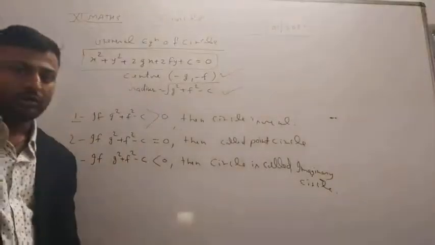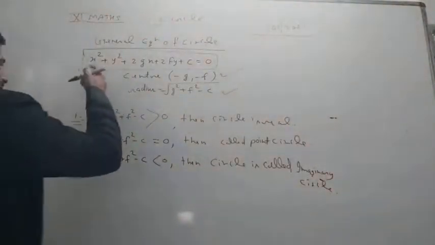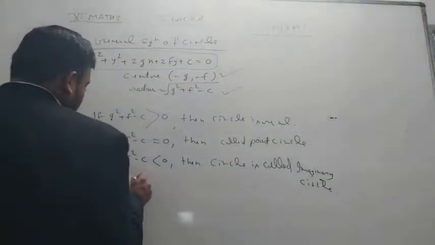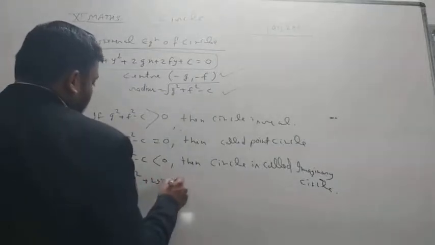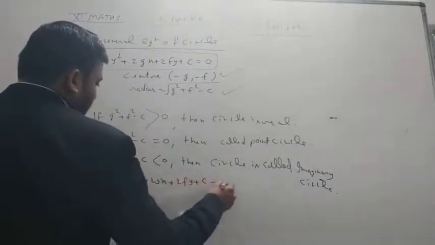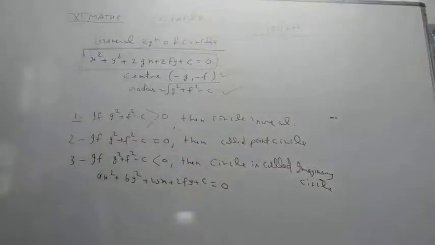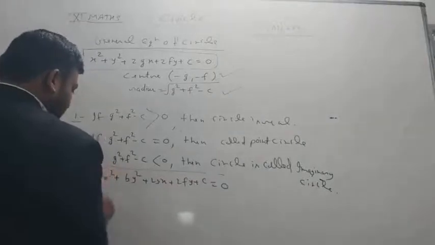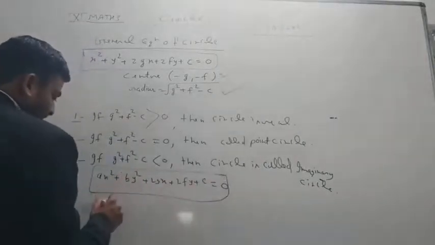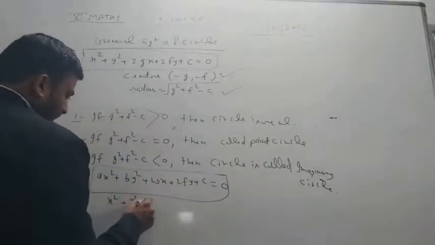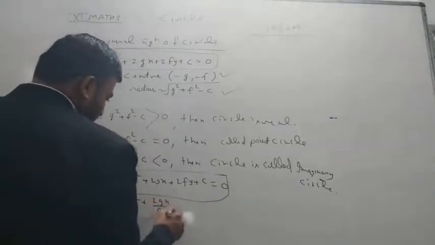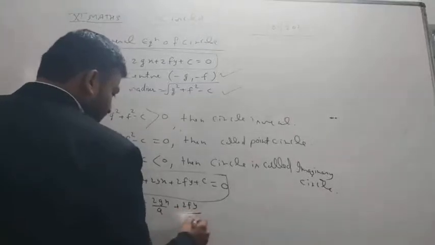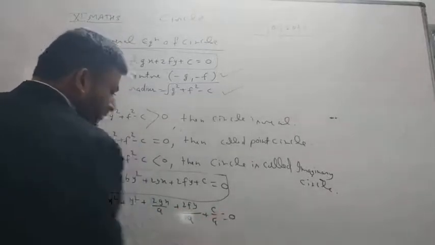Okay. Now, if our equation is in the form ax square plus by square plus 2gx plus 2fy plus c is equal to 0, then student, if our equation of circle is in this form, then we write this as x square plus y square plus 2gx by a plus 2fy by a plus c by a is equal to 0.